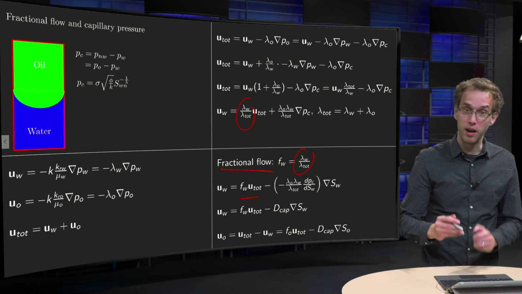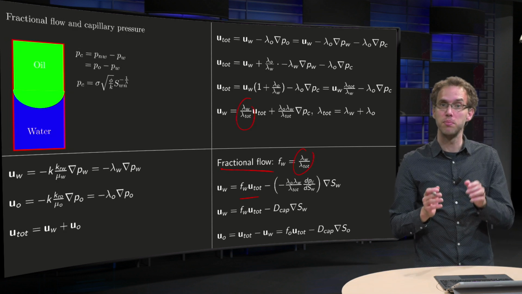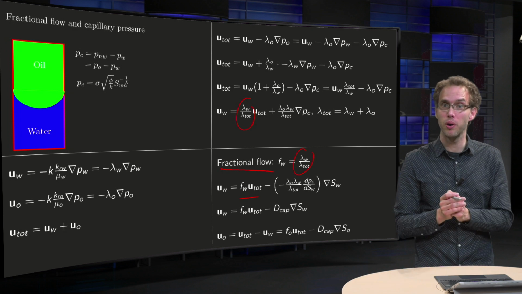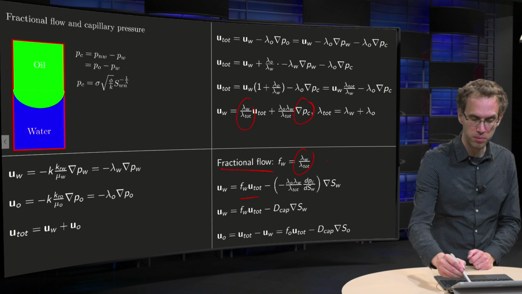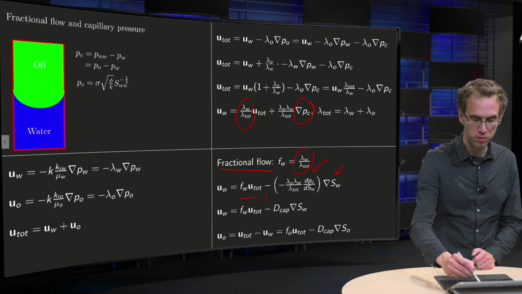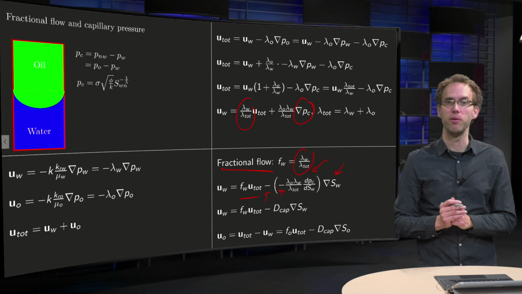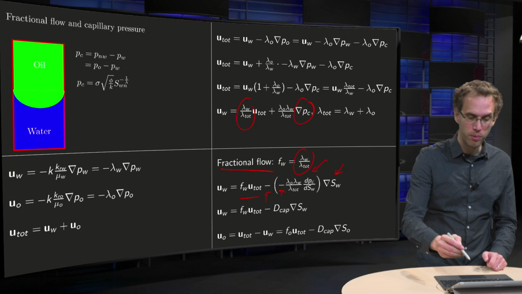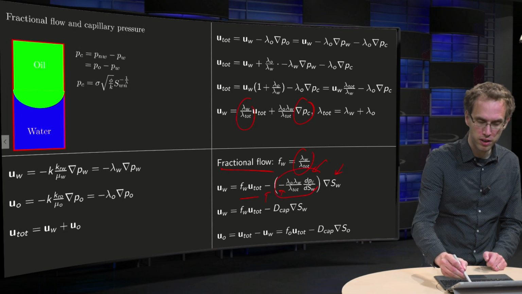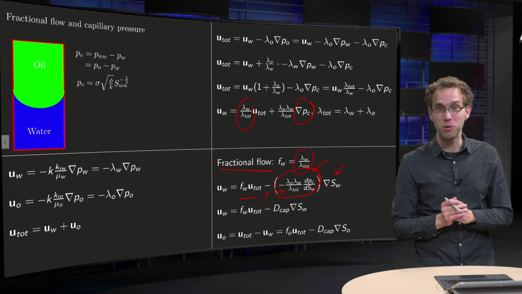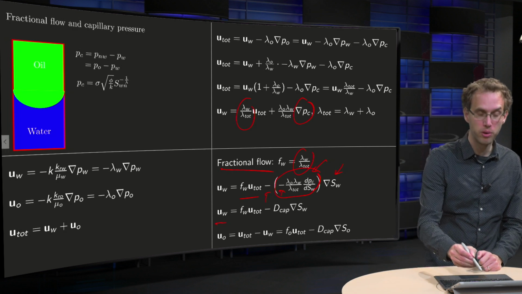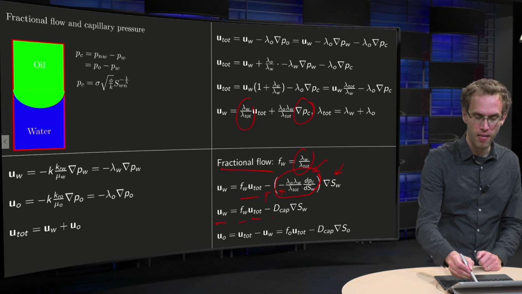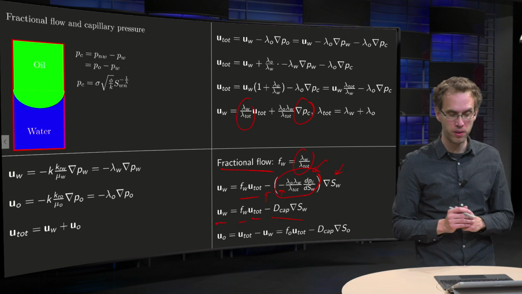And then we notice that the gradient of PC depends via SW on the spatial coordinates, so the gradient of PC becomes dPc dSW times the gradient of SW, and add two minus signs. Okay, there we are. Why do we do that? Well, this term between the brackets is often called the capillary diffusion term. Because if you write it like this, you get UW equals your fractional flow times U total minus a capillary pressure term.